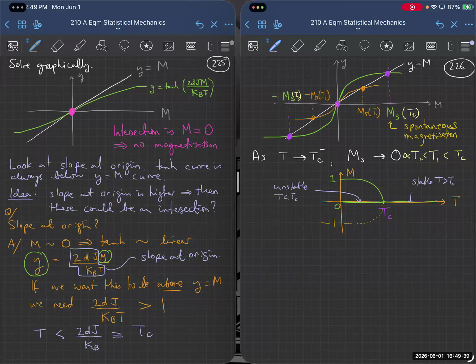So that's exactly what a pitchfork bifurcation is, but this isn't a bifurcation.